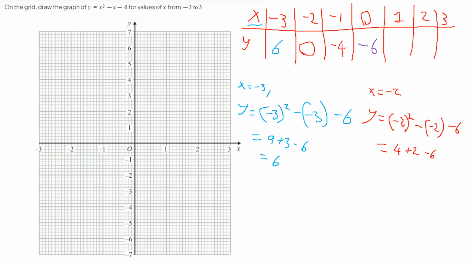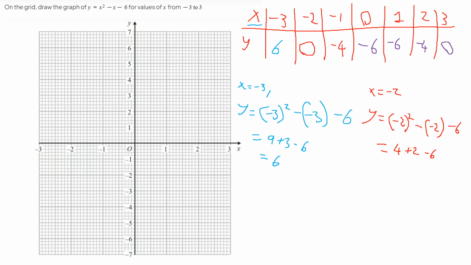And then we do the same, so if we have 1 squared, we're minusing the 1 this time, so it should be minus 6 as well. If we sub in 2, we get 2 squared, 4, minus 2, minus 6, that's going to be also minus 4. And then if we sub in 3, we get 9 minus 3 minus 6, that's obviously 0.